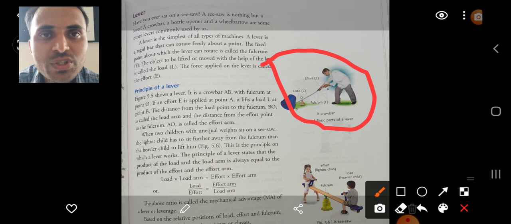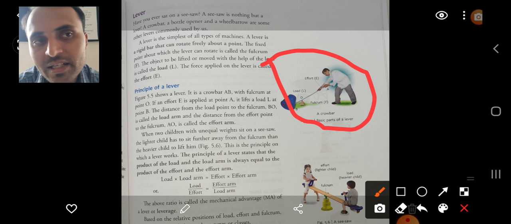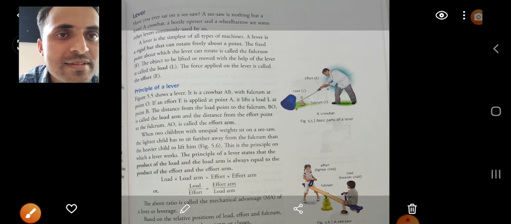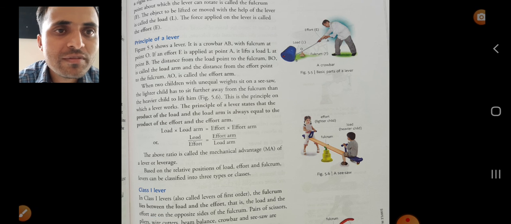The point which is towards the man, at which he is applying the force, is the effort point, and in the opposite direction is the load point. So how does the principle, how does the mechanism happen by operating the lever? It is very simple.